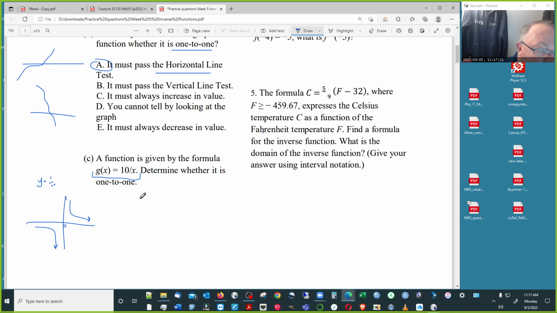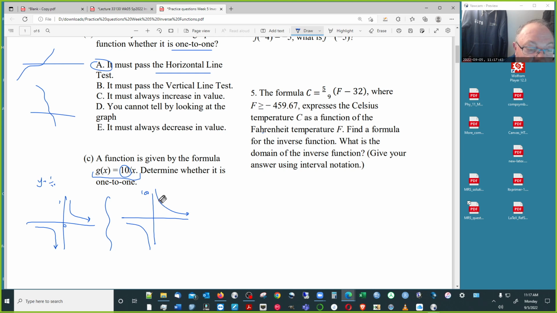The 10 is just going to be a multiplier. So it's going to be a lot steeper, but it's still located at 0. Where this one was kind of 1, this one will be like 100. So it's still got its asymptote at 0.